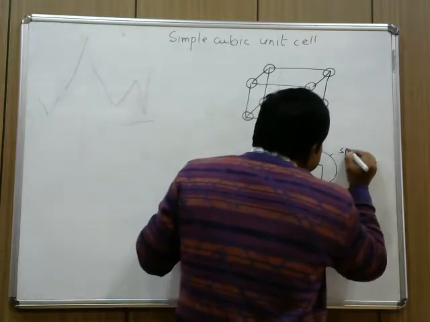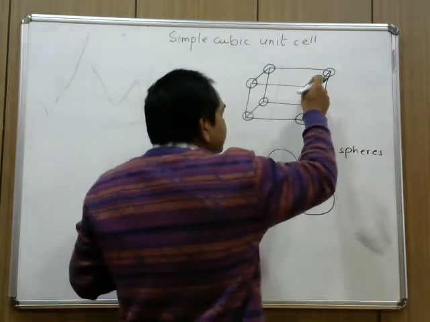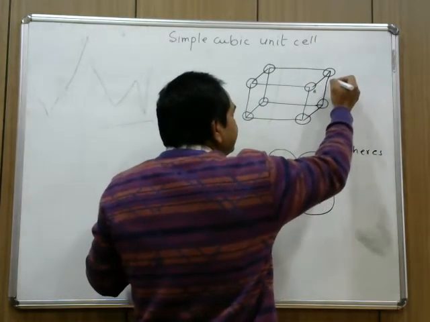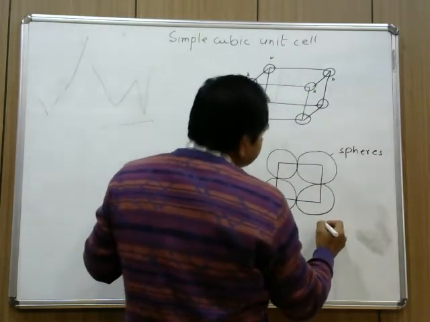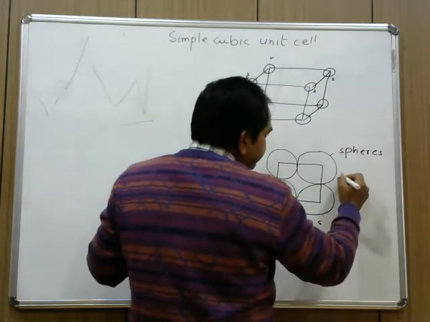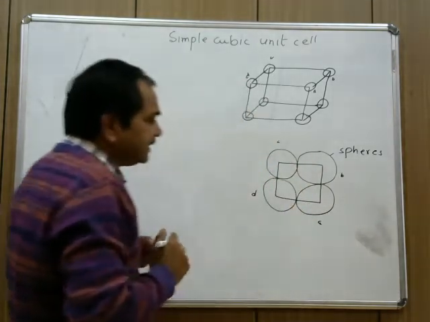These are the spheres. Say for example I name them A, B, C and D. So this is sphere A, this is sphere B, this is sphere C and this is sphere D. In this way they are touching.